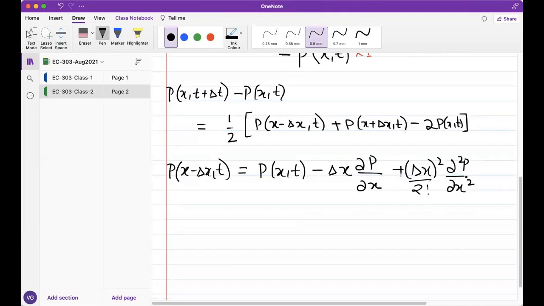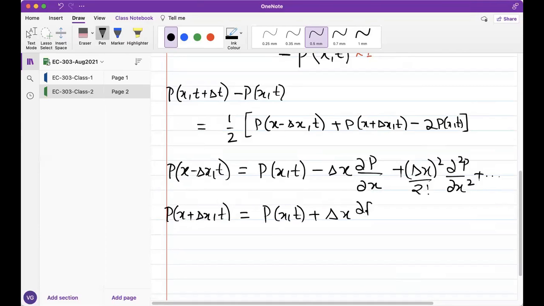There are more terms, but I'll only write the two leading order terms. Likewise, I will write this, so instead of the perturbation being negative, it's now positive.